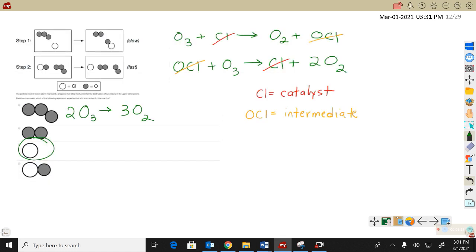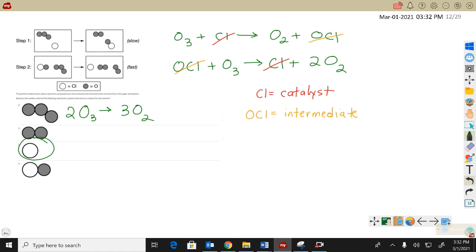Here's a mechanism that's given to us as a little particle model, and they want to know which species acts like a catalyst. A catalyst is something that I have to add, and then I get it back. So it's not going to appear in the final balanced equation if I simplify this. I wrote it out as the symbols.